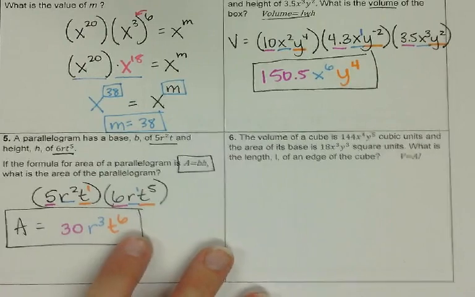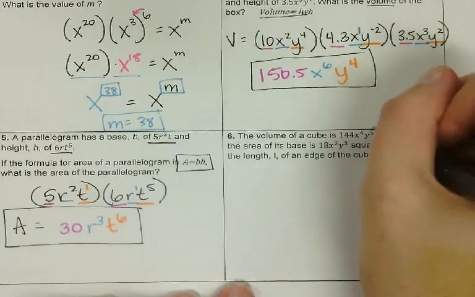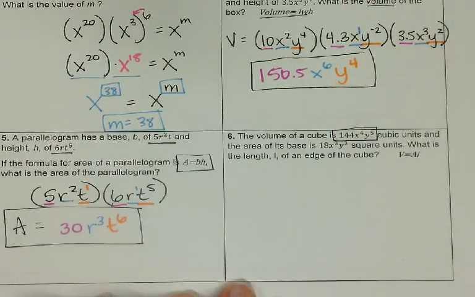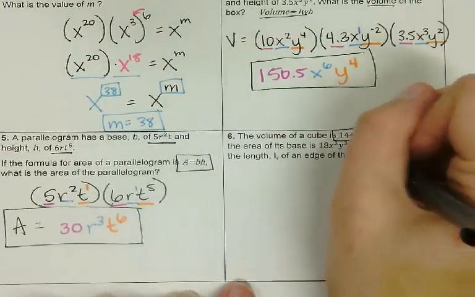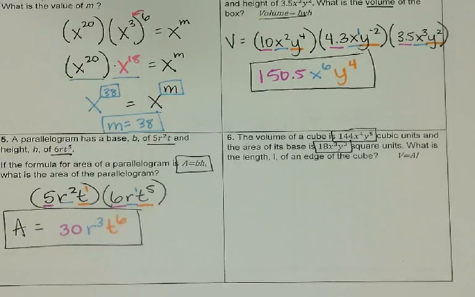All right, last one here. I like this one. It says the volume of a cube is 144x^4 y^5 cubic units, and the area of its base is 18x cubed y cubed. What is the length, or L, of an edge of the cube?